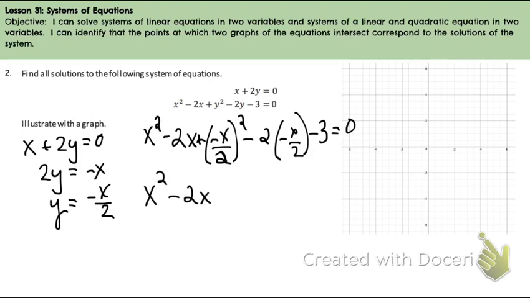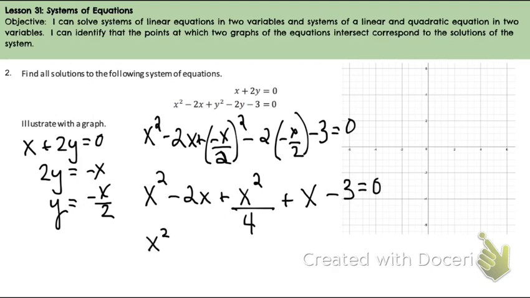So this becomes negative x times negative x is positive x squared, and then over 4. Negative 2 times negative x over 2 just becomes a positive x, because the 2's will cancel out. Minus 3 equals 0.